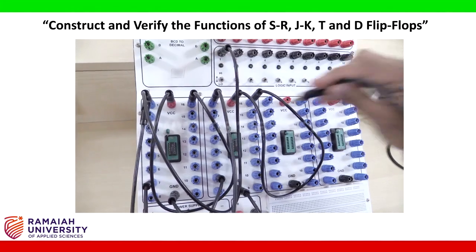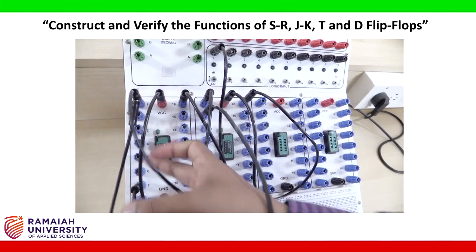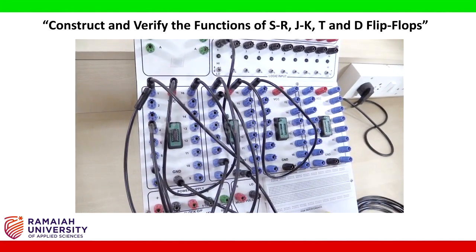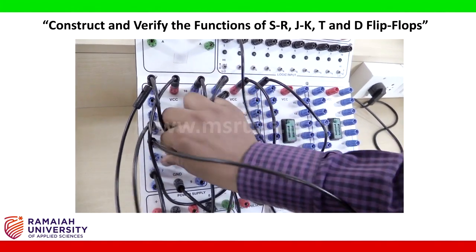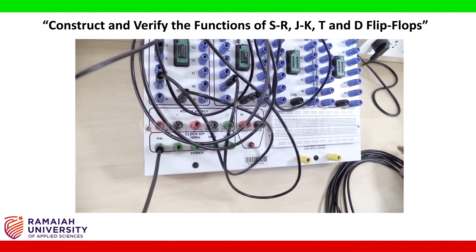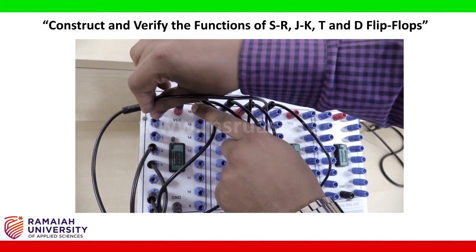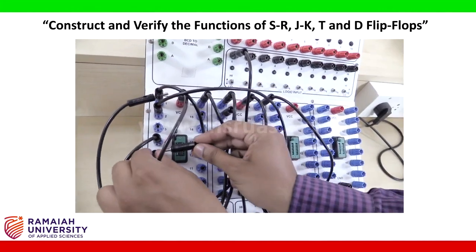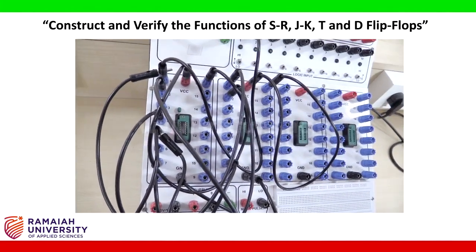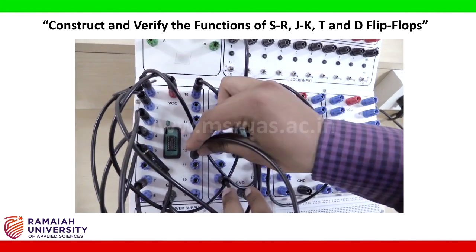Now pin number 2 of the NOT gate, that is output of the NOT gate, is connected to pin number 4 of NAND gate, and pin number 5 of NAND gate is connected to clock. Pin number 2 of NAND gate is shorted with pin number 5. Pin number 3 of NAND gate is connected to pin number 9 here.